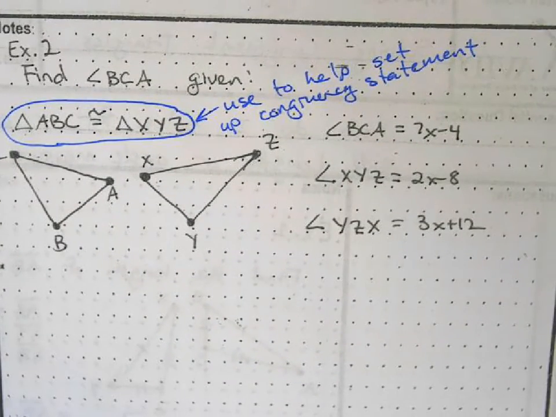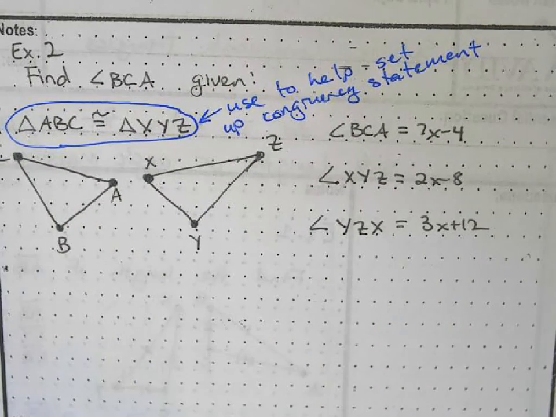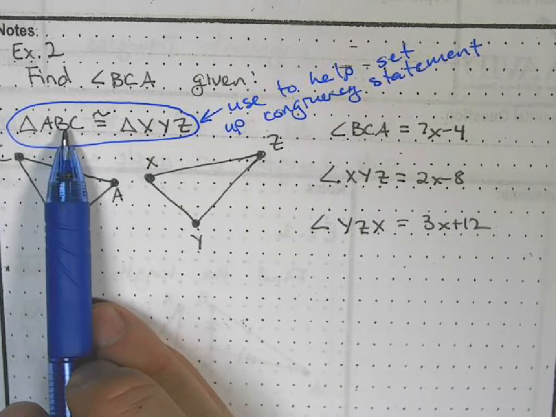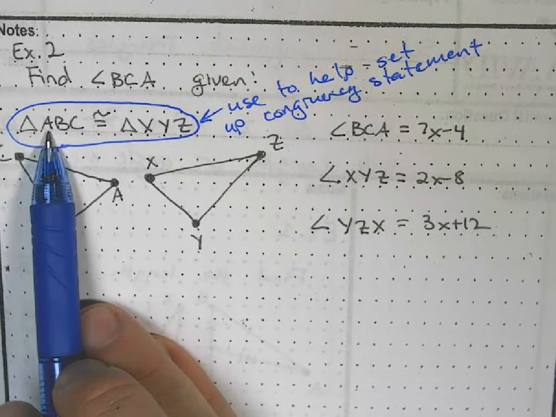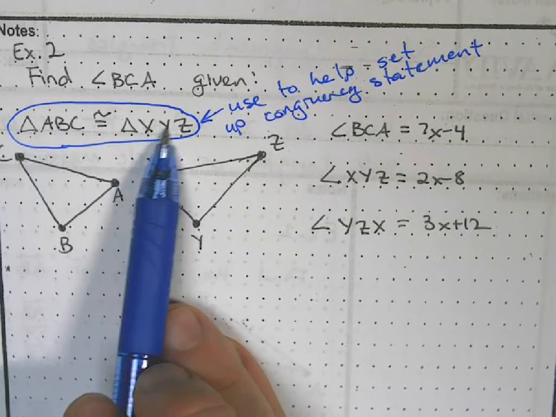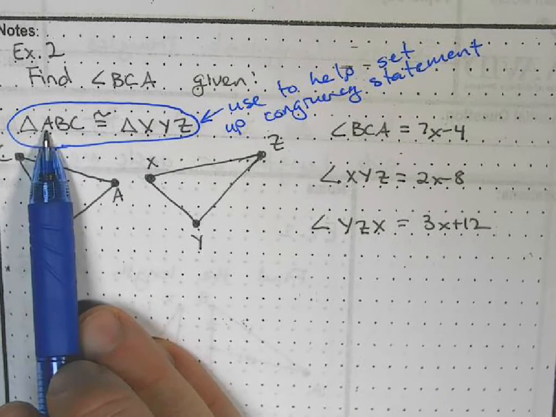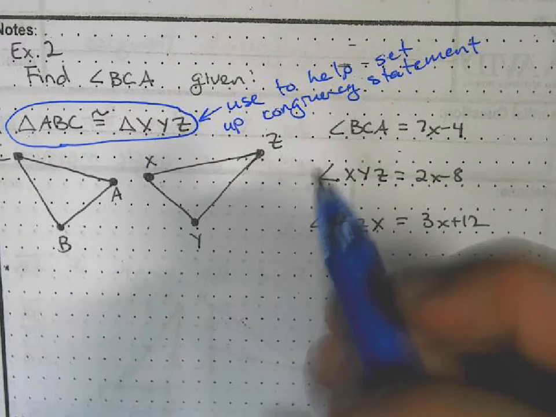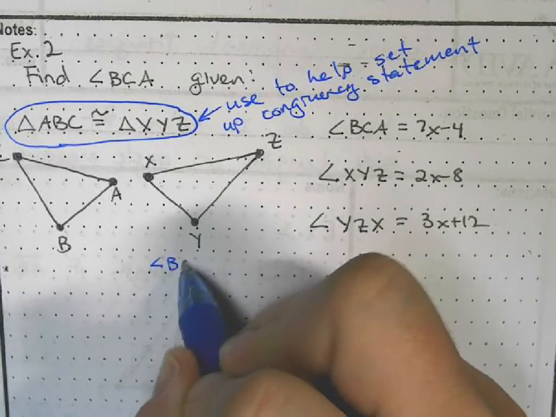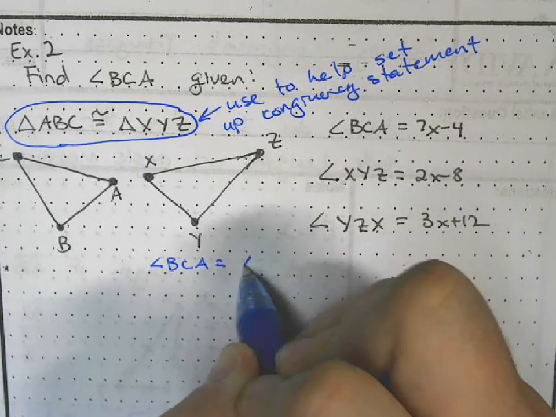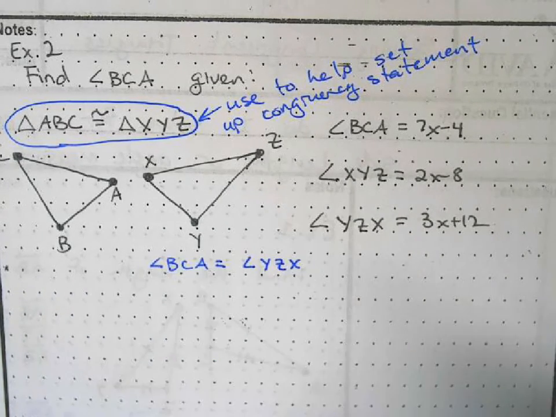So the order, I'd go BCA is going to be equal to YZX. So I'm going to say angle BCA is equal to angle YZX.